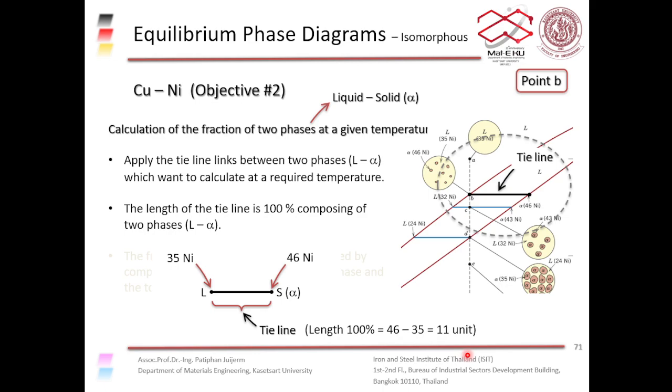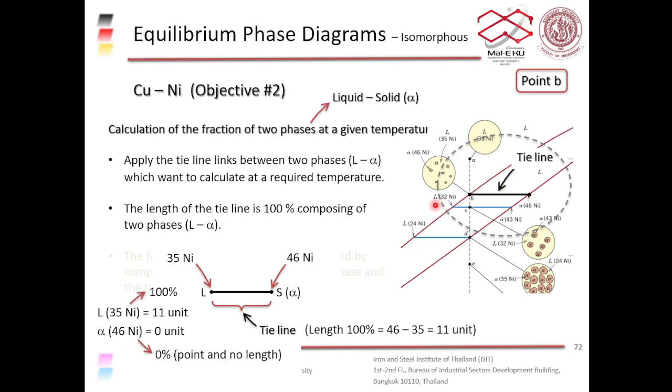It doesn't matter. You can measure the length manually using a ruler, and the same concept still works. The fraction of the length represents the fraction of each of the phases. In this case, the numbers are quite clear, and the length of the tie line is 11 units, from 35 to 46.